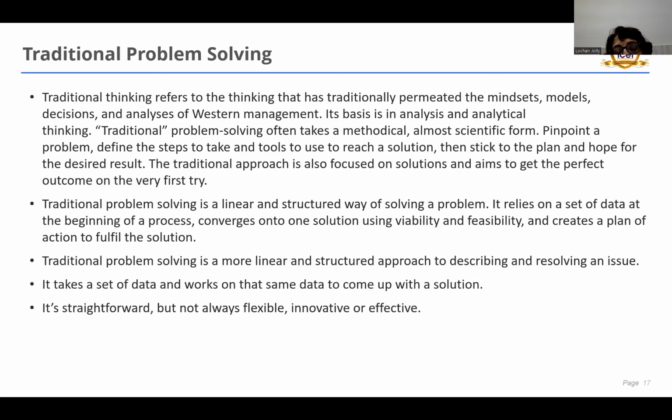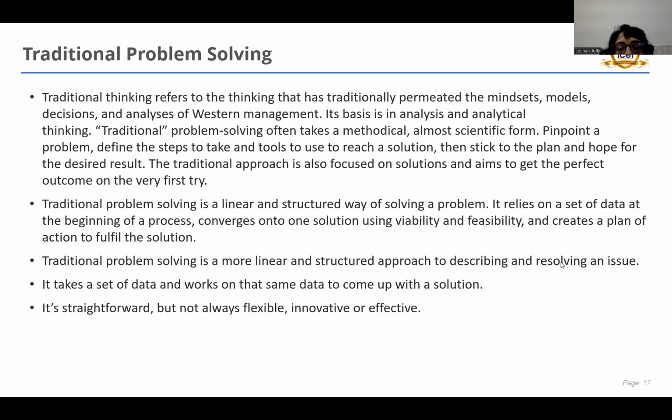Problem solving in the traditional method is a linear and structured approach, whereas design thinking has multiple feedbacks, and therefore there is a lot of back and forth in the process when you are developing a final solution.